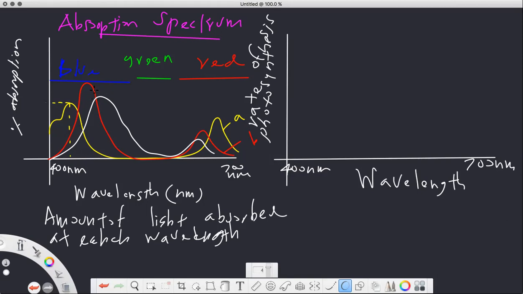If the amount of light absorbed is higher, then the rate of photosynthesis is higher, because more energy is absorbed. So this level is the highest rate, and the second highest is this. The graph is very close to the first graph, so it's a single line, and we can show it like this.